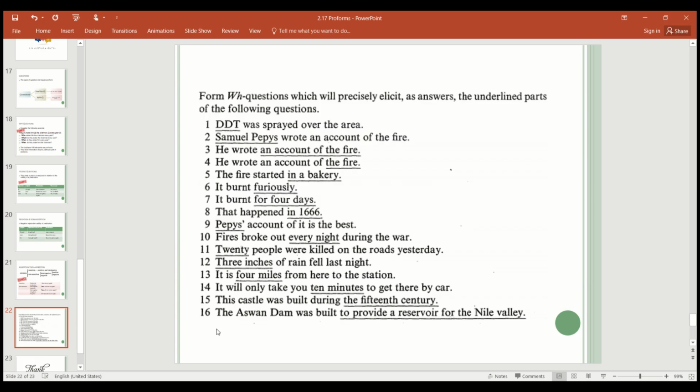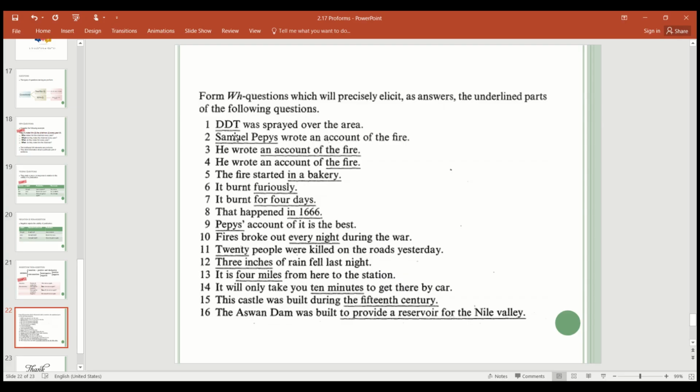You have a number of exercises. Please do the exercises. In this case, the author is asking to replace the underlined element with suitable WH elements. Now the first one, if you want to change this sentence into a WH question, how would you replace this element DDT, which is the subject of the sentence?